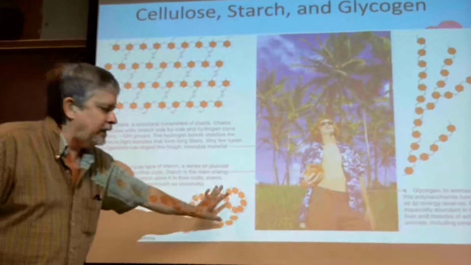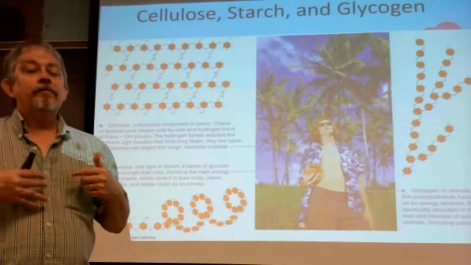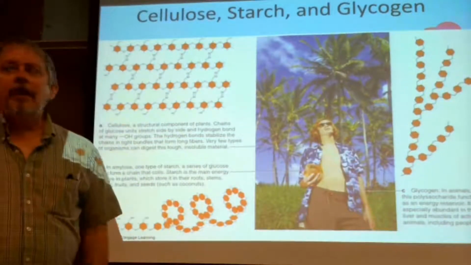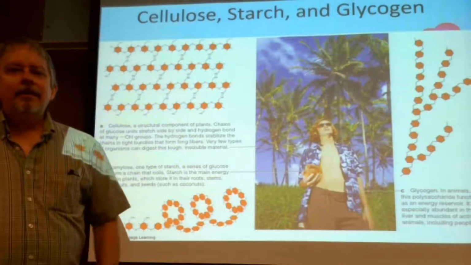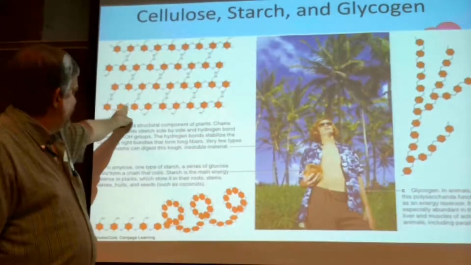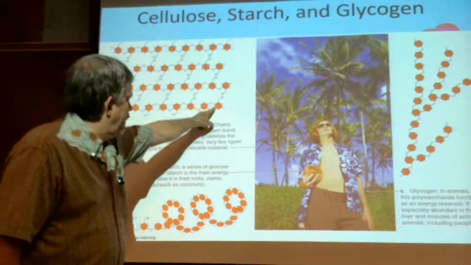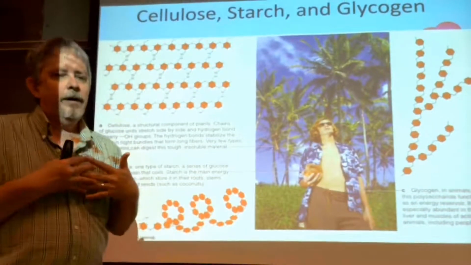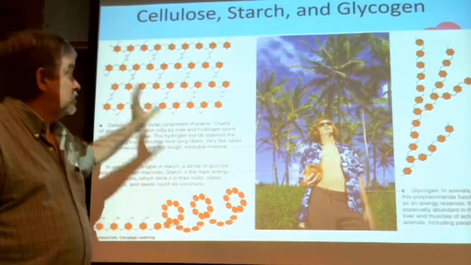This is starch, and it uses it for energy reserve. So energy will be reserved as starch. Now, the plant can also take these glucose molecules, arrange them here in a lattice work, and this forms a tougher fiber, and this is what is called cellulose.